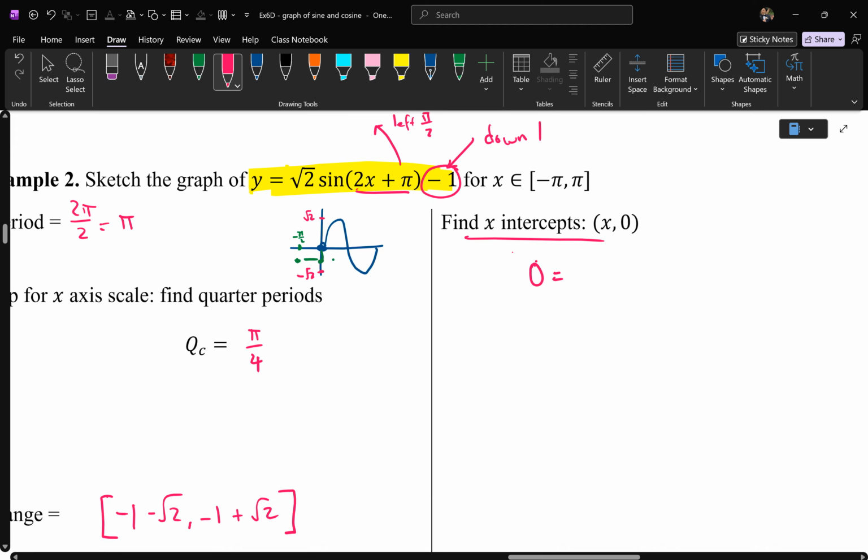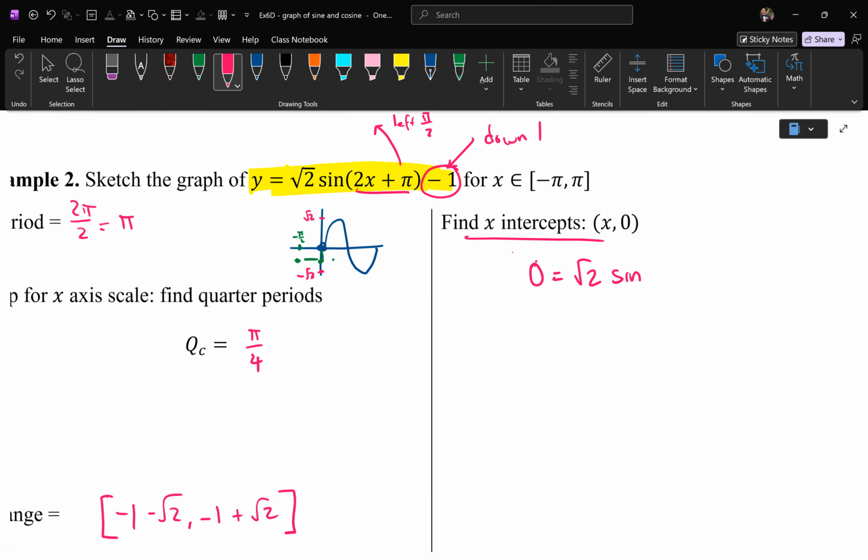Let y equal to 0, root 2 sine of 2x plus pi minus 1. Move everything across, so 1 on root 2 equals sine of 2x plus pi.